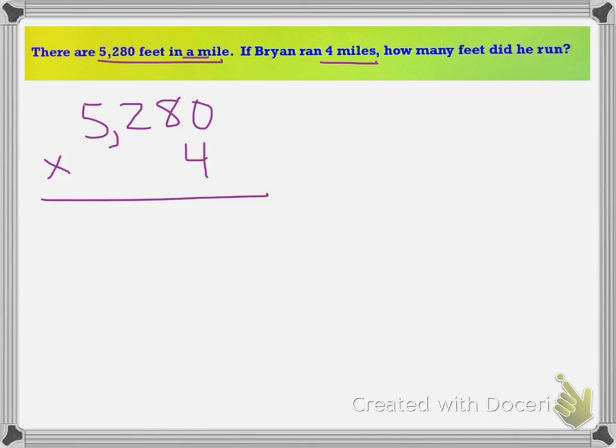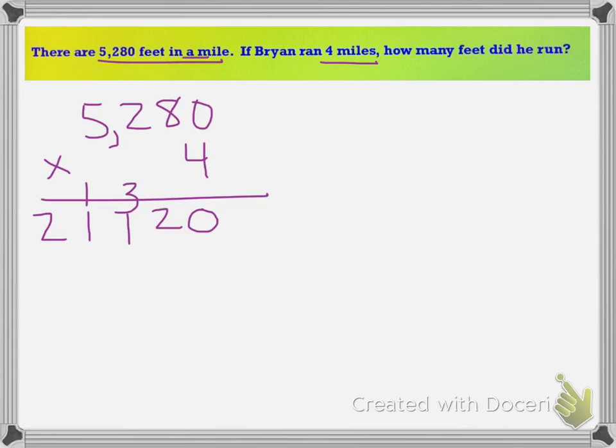All right, 4 times 0 gets me 0. 4 times 8 gets me 32. Record the 2, rename the 3. 4 times 2 gets me 8 hundreds. 8 plus 3 gets me 11 hundreds. Rename that 1. 4 times 5 gets me 20.